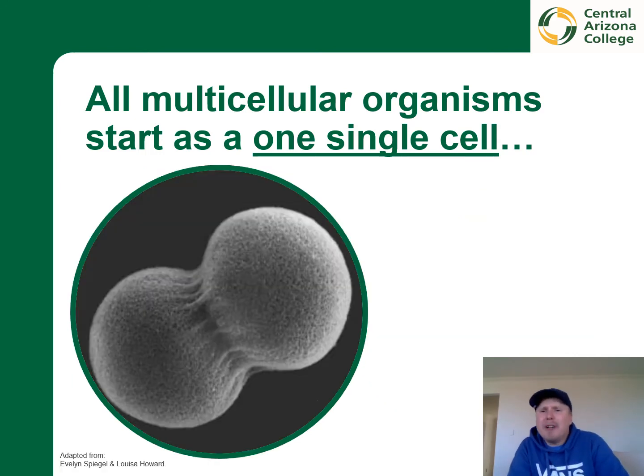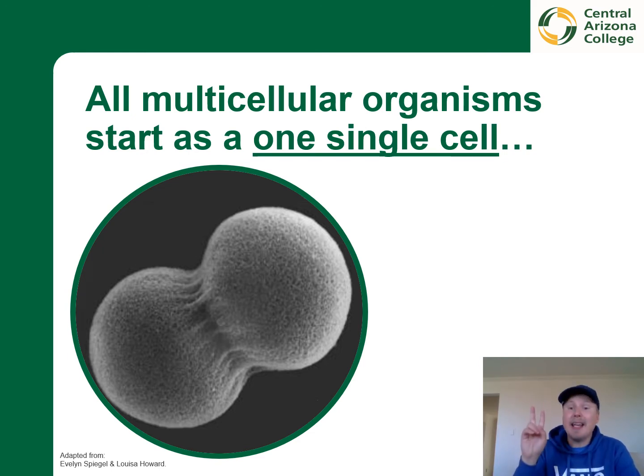But rather than looking at just human development, as this course is all about the variety of life forms, why don't we look at that of the sea urchin? And what we see here again is that the life of this organism starts as a single cell.